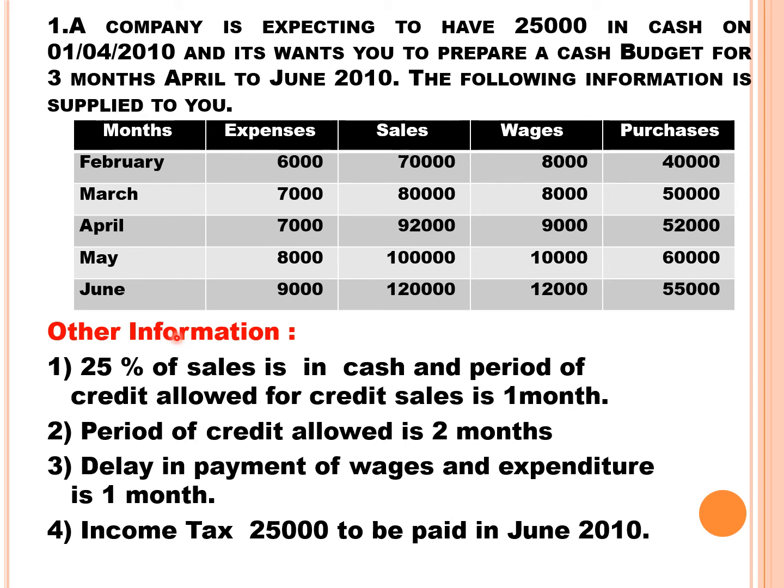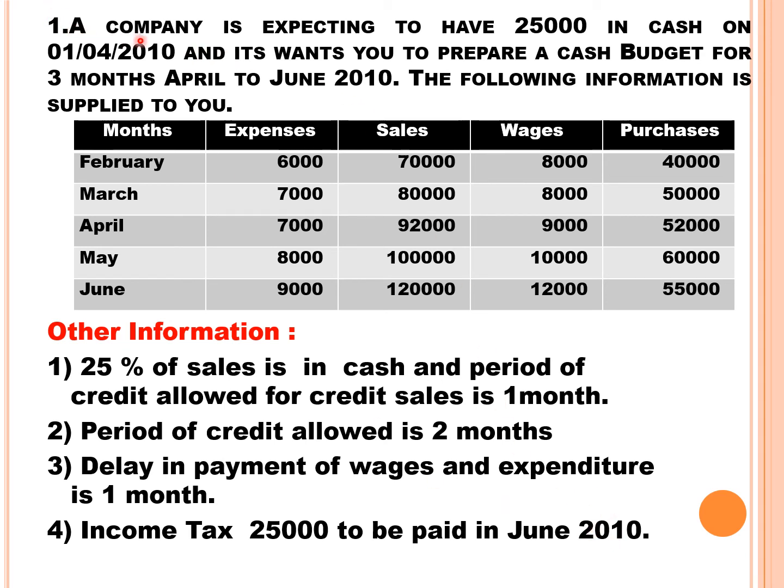Other information: 25% of sales is in cash, and the period of credit allowed for credit sales is 1 month. Period of credit allowed by the suppliers is 2 months. Delay in payment of wages and expenditure is 1 month. Income tax of 25,000 is to be paid in June 2010.